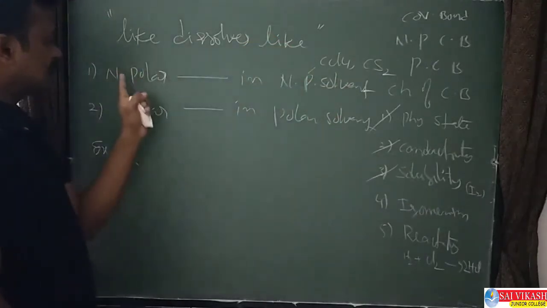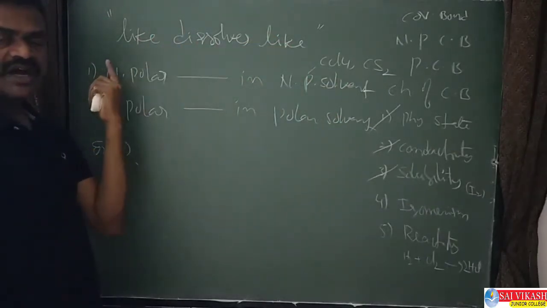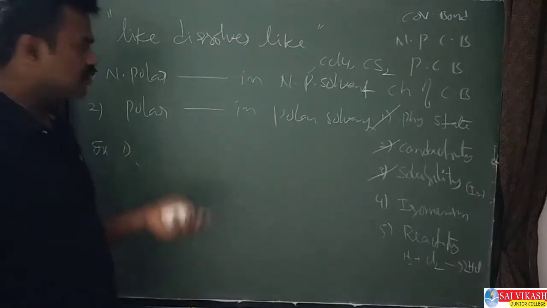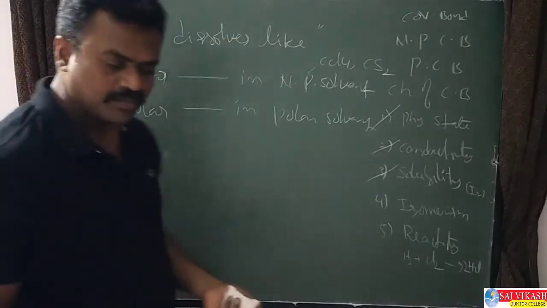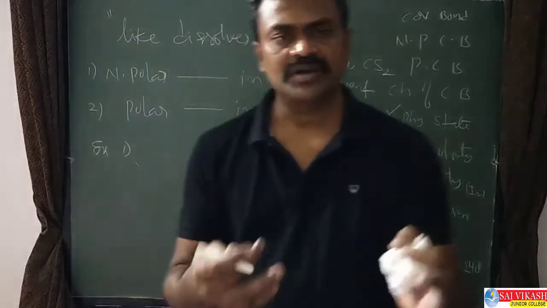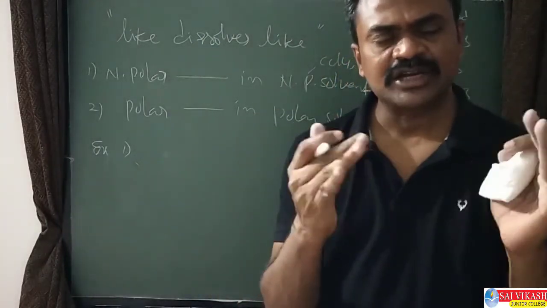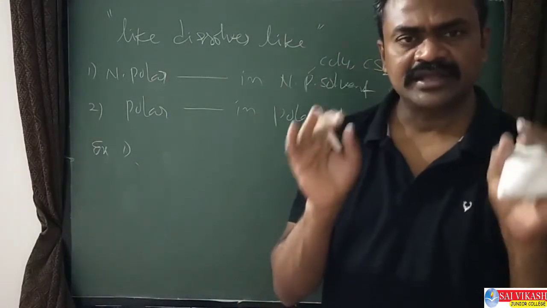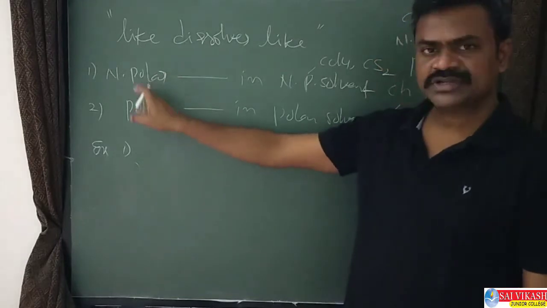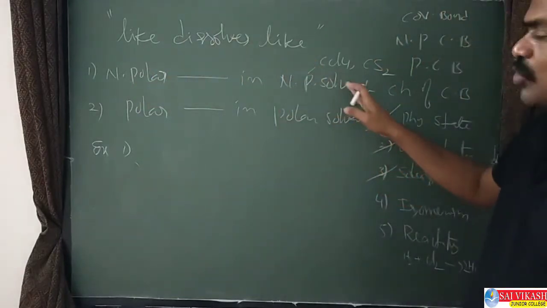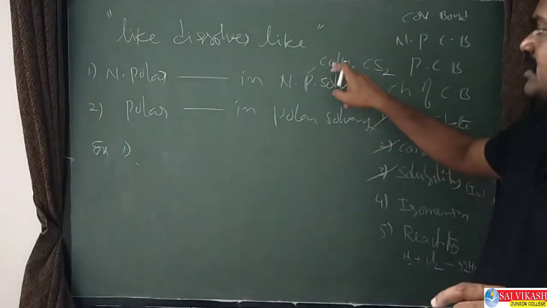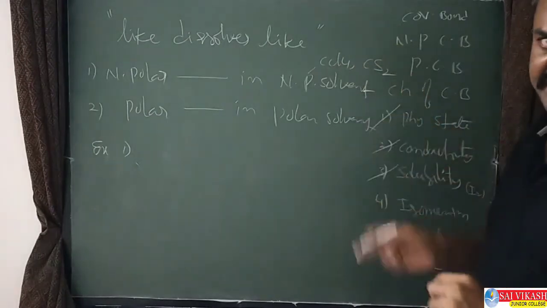In these, all non-polar compounds are soluble. I told you what non-polar compounds are: the bond is forming between two atoms of similar electronegativity, so they are called non-polar compounds. They are all soluble in non-polar solvents like CCl4, CS2 liquids.